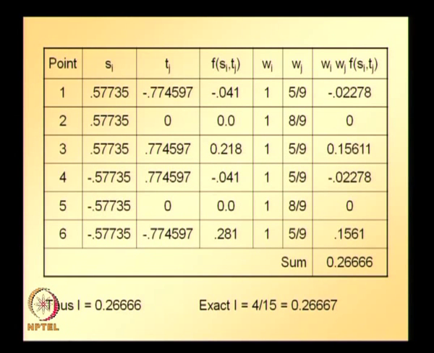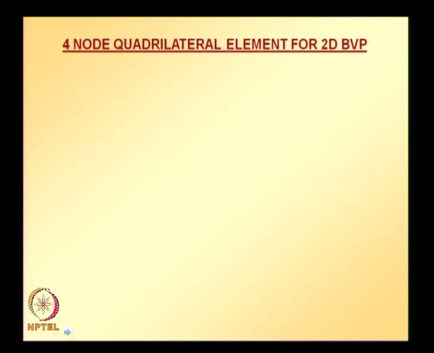Now let us take the simplest element under the quadrilateral element category, that is the 4 node quadrilateral element for 2 dimensional boundary value problems.